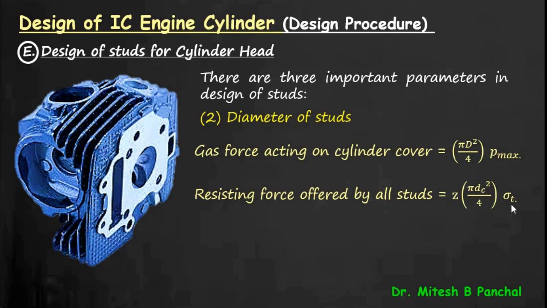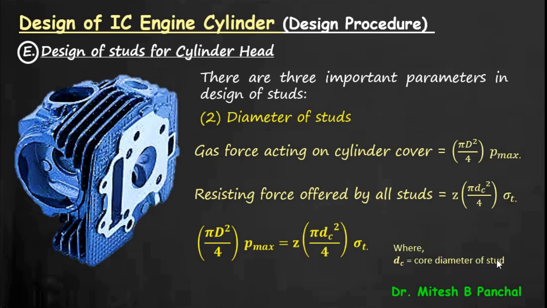So the applied force, pi by 4 D square into P max, equals the resisting force, Z into pi by 4 dc square into sigma t. Here dc is the core diameter of the stud.